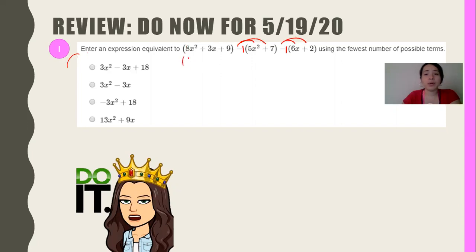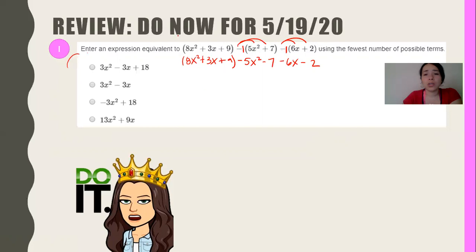So we take the first part and leave that alone. Now, -1 times 5x squared is -5x squared. -1 times +7 is -7. Then -1 times 6x is -6x, and -1 times 2 is -2. Then we combine like terms.